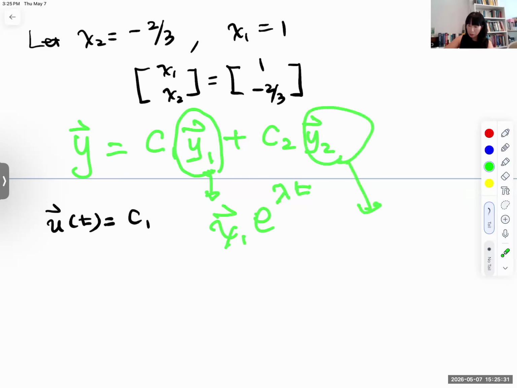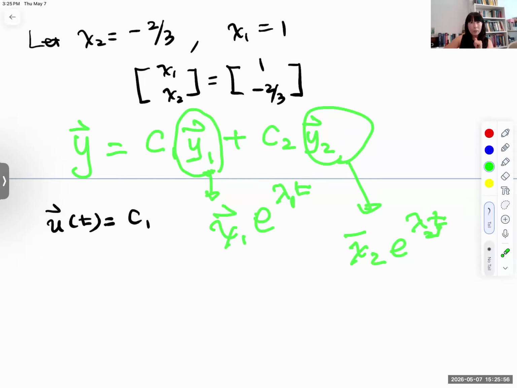And y sub 2 also x sub 2 vector e to the lambda t. This is the first lambda, this is the second lambda. Remember? We did that in the previous example, right? So we are going to summarize like this one.